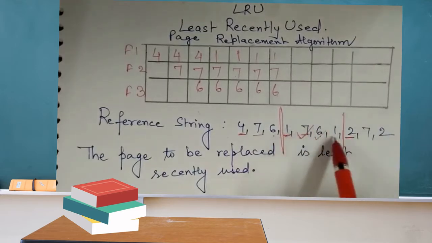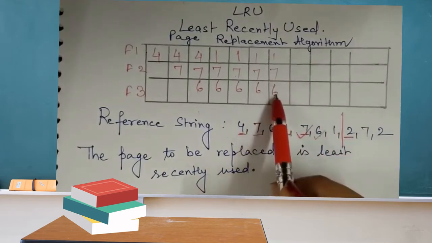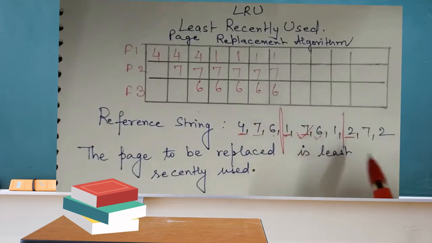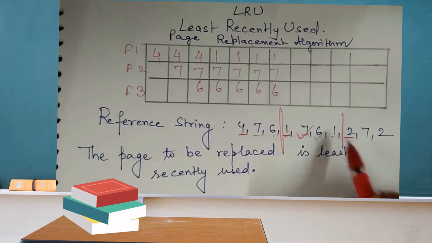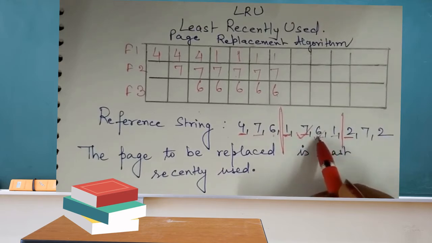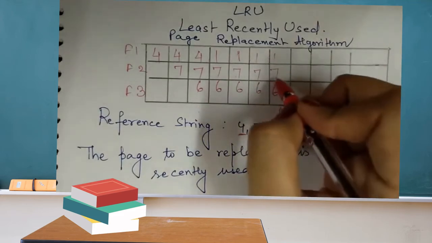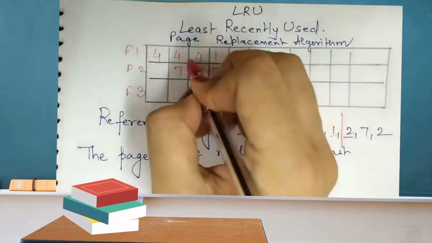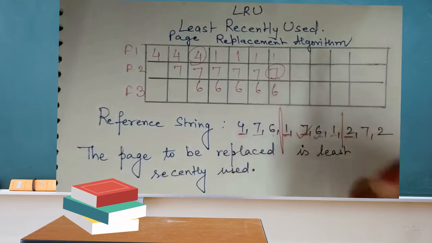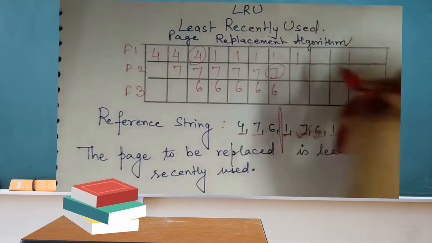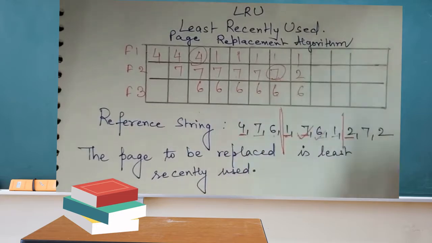On the left hand side, I need to check out of 1, 7 and 6 which one of the pages is least recently used. So 1 is recently used, 6 is recently used, and 7 out of 3 is the least recently used. So we would be replacing the page 7. So 1, 2 and 6.